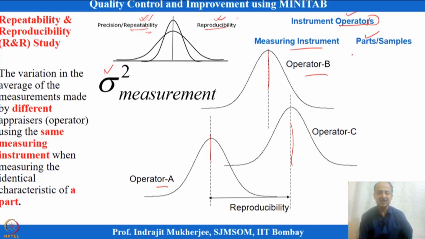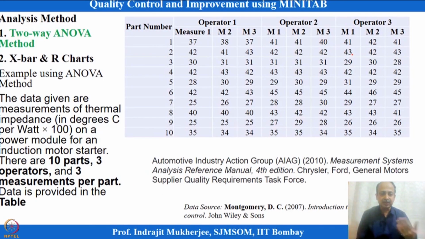Here we have a change: in linearity a single operator was used, but here there are multiple operators, 3 operators selected. Based on that we will do the study, and it can be done using 2 types of methods. I will discuss only one method, the two-way analysis of variance method, which we have already studied. Okay.